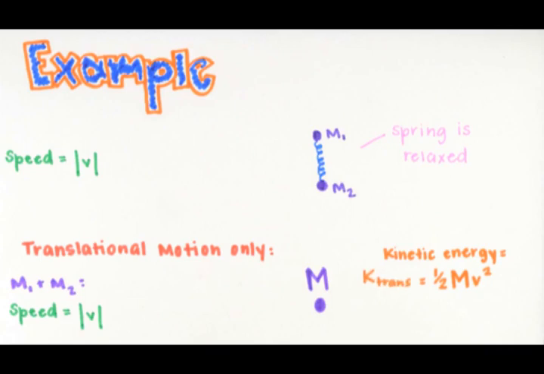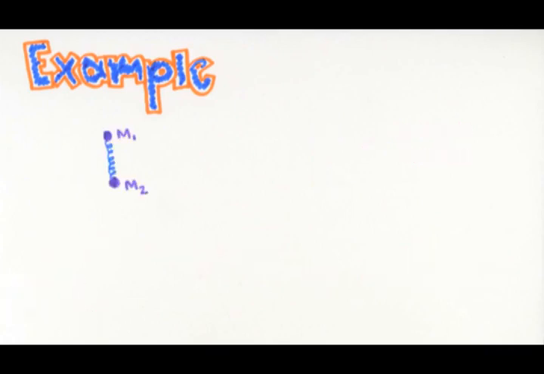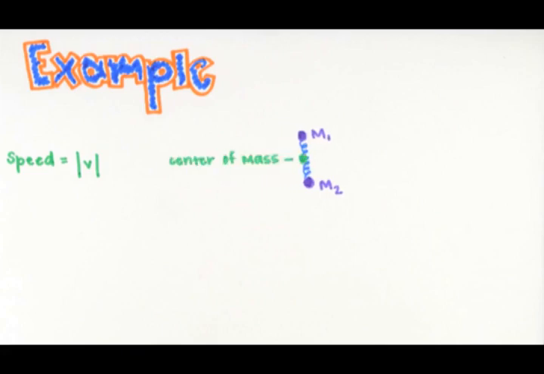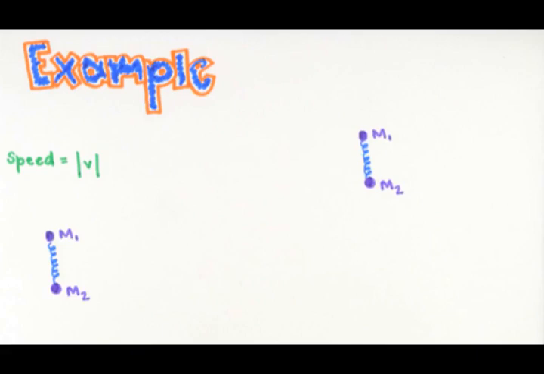Now let's imagine the same object still moving collectively at the same speed v, meaning the average position, the center of mass, is still moving with that same speed. However, now we're imagining that in the second case there's additional motion. The spring toy could be vibrating, or tumbling, or perhaps both at the same time. In this second case, our energy description of the average motion, the translational motion, would be identical to the first case.